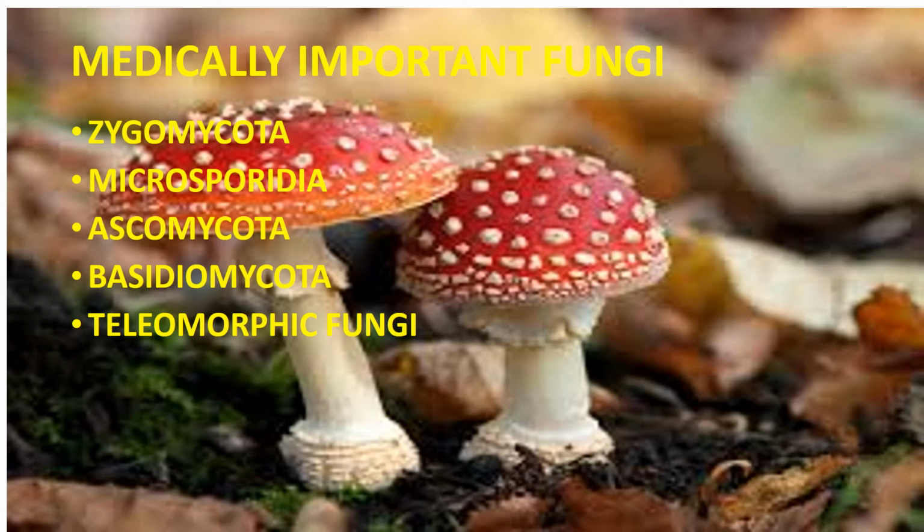The Ascomycota have septate hyphae and produce ascospores and frequently conidiospores. Basidiomycota have septate hyphae and produce basidiospores. Some produce conidiospores. Teleomorphic fungi produce sexual and asexual spores. Anamorphic fungi produce asexual spores only.